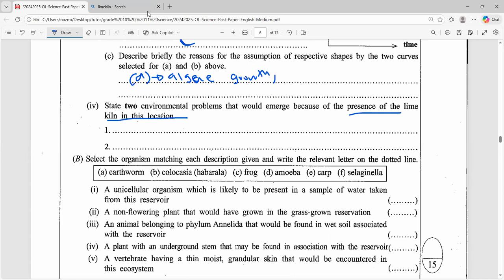Okay, water contamination you can take. What else? The soil being polluted. Yeah, it can also affect the soil texture, right? Yeah, those things you can take. Temperature change is not. Okay. Water contamination, change in soil texture. Now, if there are changes in the soil texture, it can affect the agriculture also.